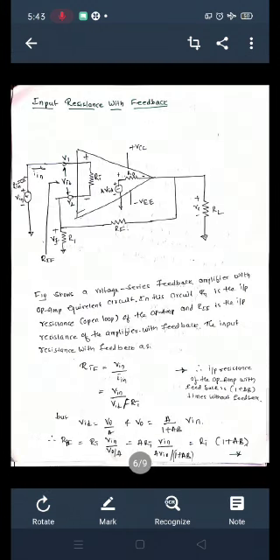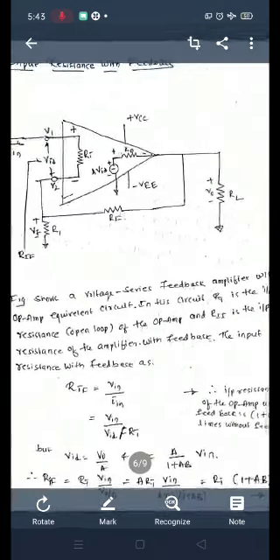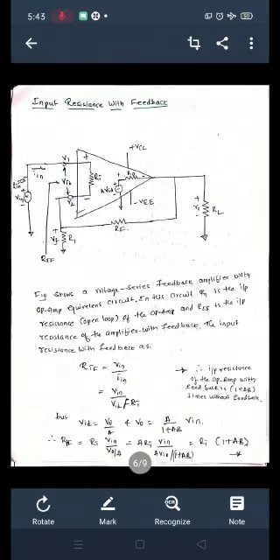Now we will move to the next parameter we are going to find for the non-inverting amplifier, that is the input resistance with the feedback. This is the circuit to find the input resistance with the feedback amplifier.